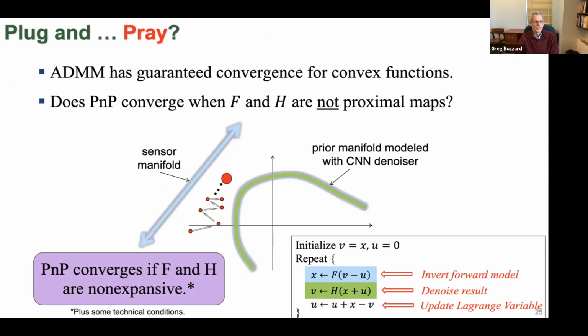The result is that yes, in general, if this F and H are non-expansive, maybe you need a little bit stronger than that, but basically that's what you need, then the algorithm is guaranteed to converge to some equilibrium point, which we'll discuss in a minute. So this at least answers the question about convergence.